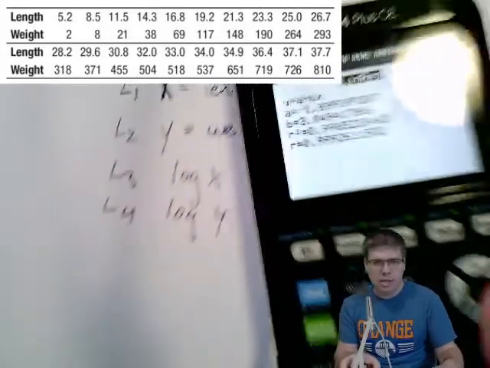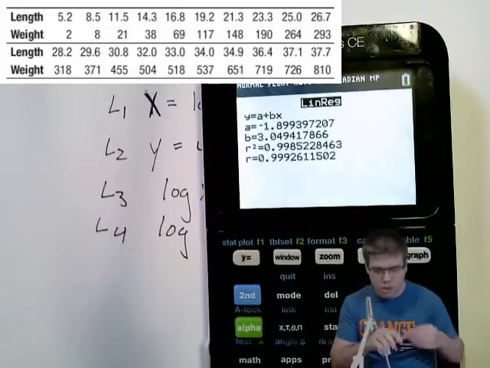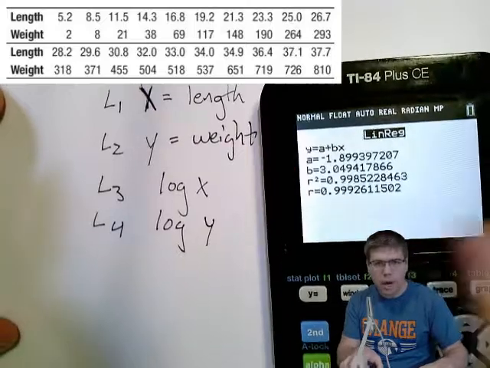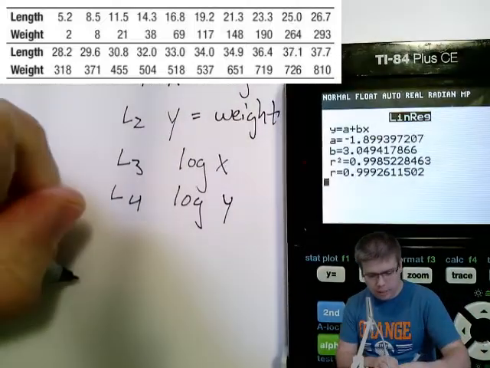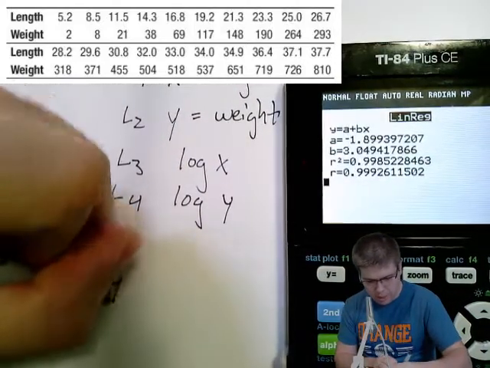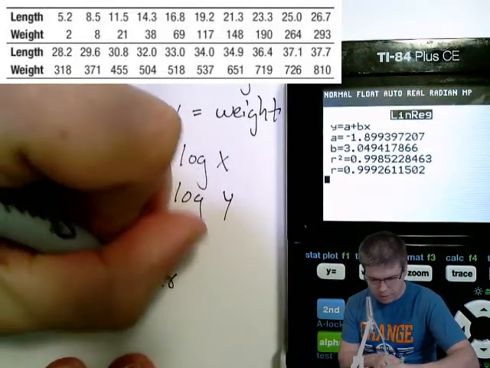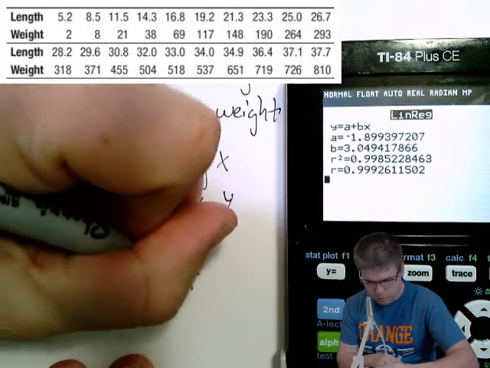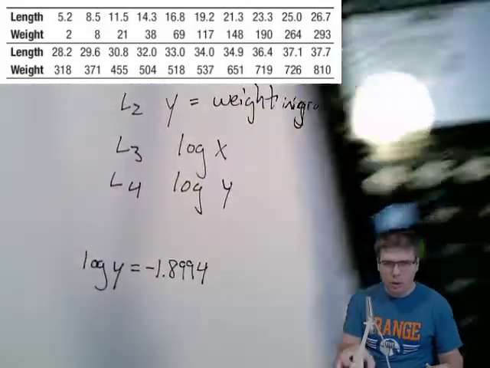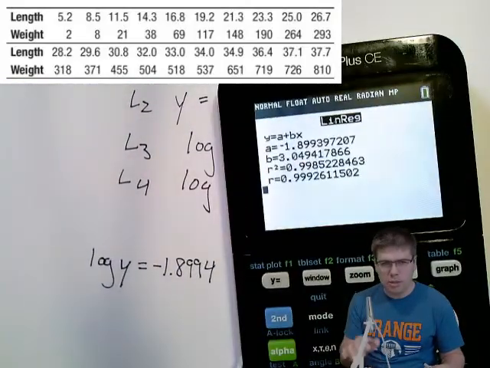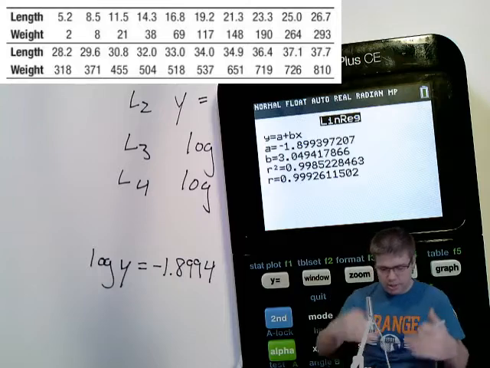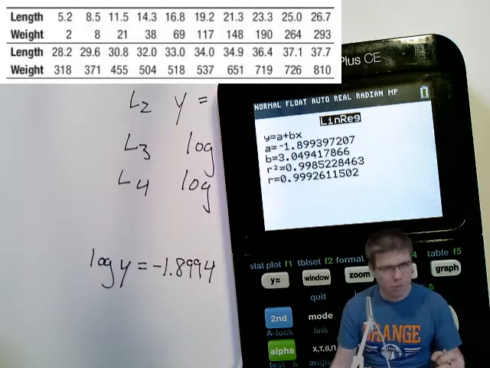So I'm going to jot down that equation that I just got, and it says y, but I know it's actually log y. So log y is equal to negative 1.89934. And I'd say go to quite a few decimal places on these, because as we exponentiate on 10, we put the 10 to these powers. The more accurate you can be, the better.